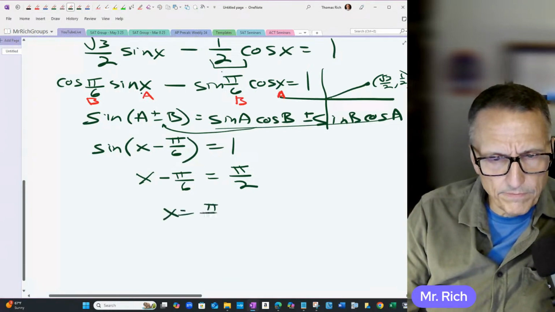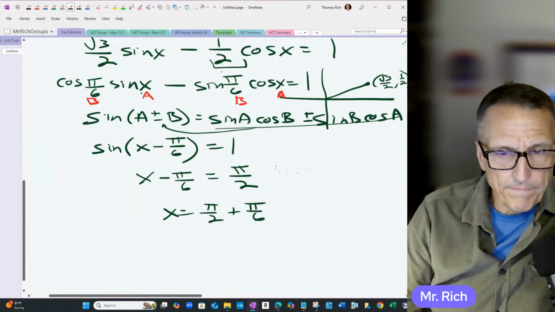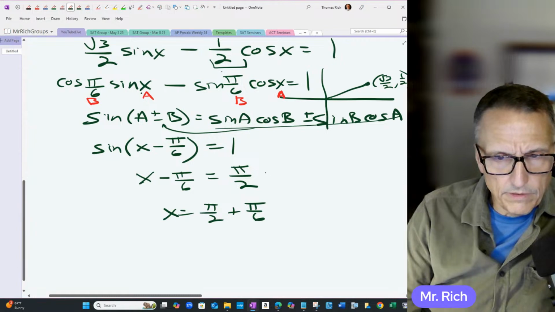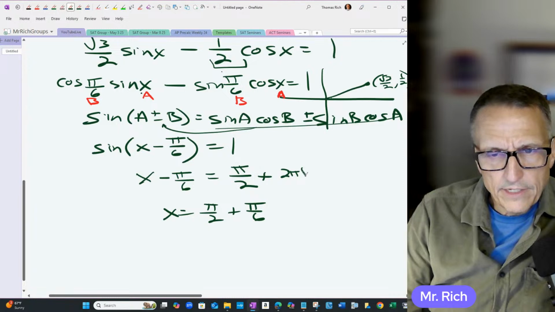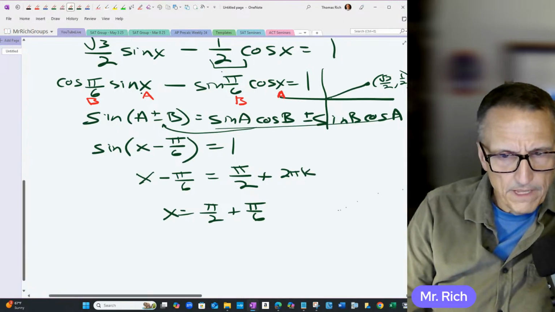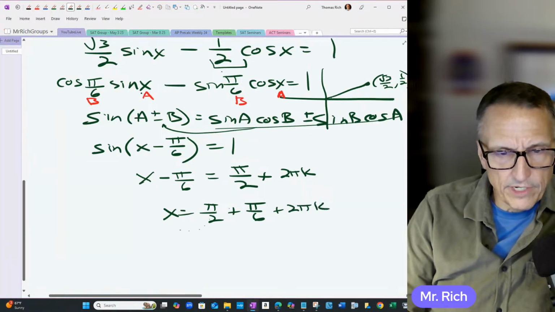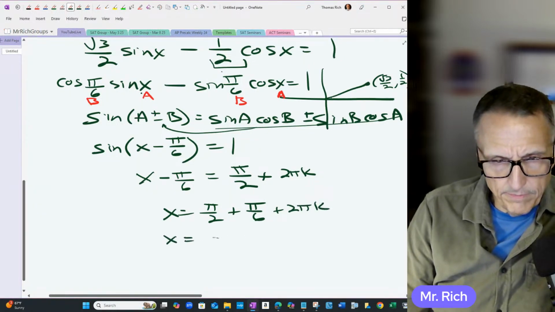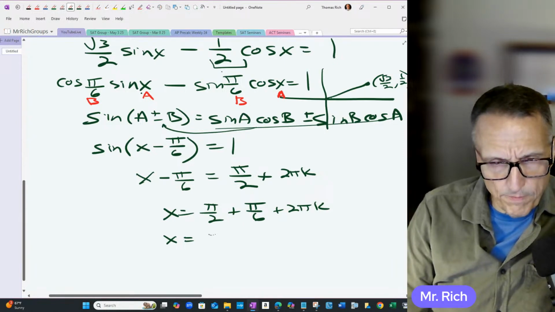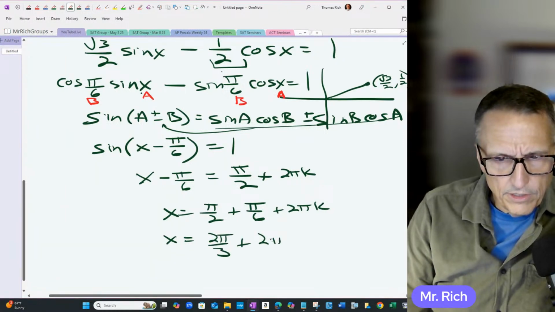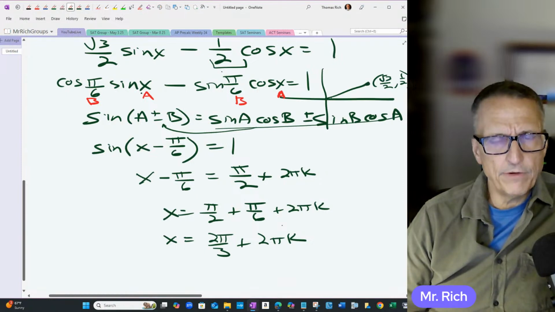X is equal to pi over 2 plus pi over 6. And don't forget, if we're finding every solution, we add 2 pi k, where k is an integer. So we keep that 2 pi k here, but add the pi over 6. Then 3 pi over 6 plus pi over 6 is 4 pi over 6, or 2 pi over 3 plus 2 pi k. And there's our solution.